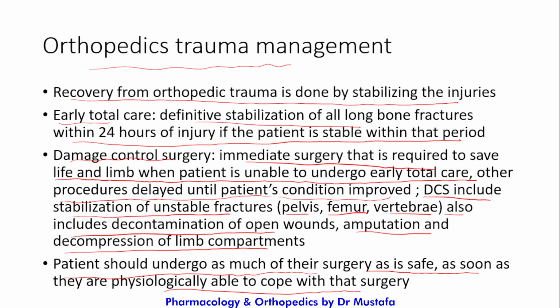So basically, there is a mix of those two. You do damage control surgery and you do some of the early total care as much as the patient can undergo, or as much as is safe for the patient.